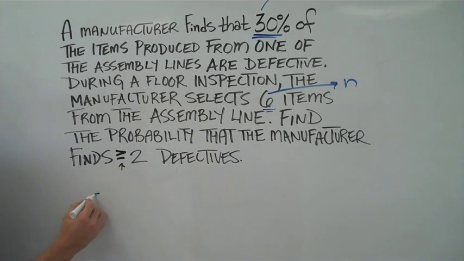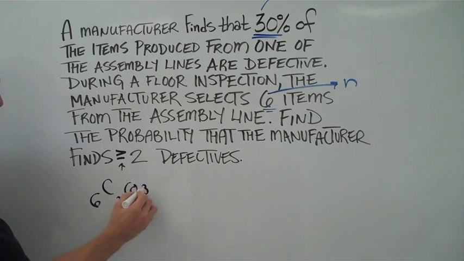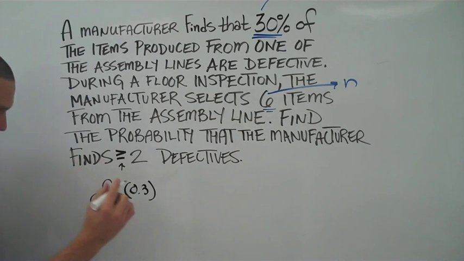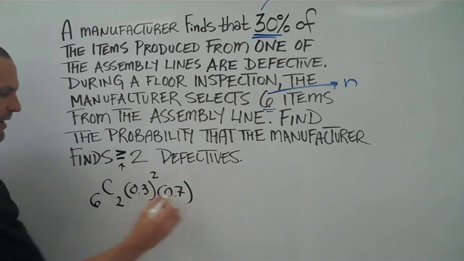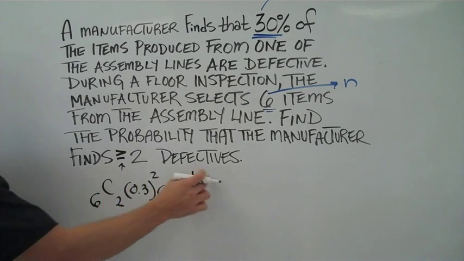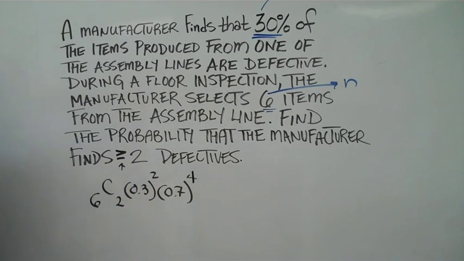So it's going to be 6C2 of 0.3, which is my probability of success, to the 2, and 0.7 to the 4. 4 and 2 make 6, or 6 minus 2 is 4.